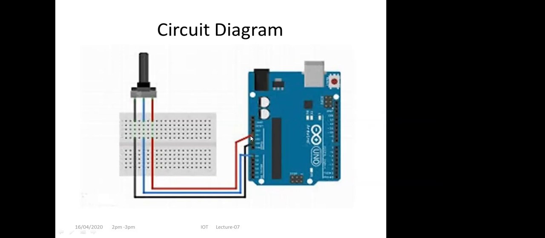So I am connecting the positive one to 5 volts and the negative one to ground. These are the two edge pins, positive and negative. The middle one carries the functionality: how much you rotate is reflected on the middle pin. The middle pin is connected to analog pin 0, so whatever you change here can be reflected on this board, right?